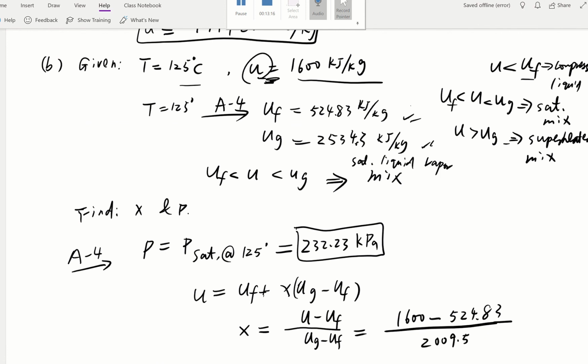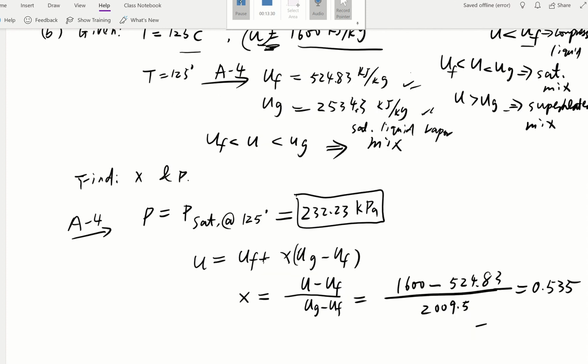Then we can find our quality. So our quality right here is 0.535. That's our quality. Okay, so what does the number mean? It means 53.5% of the mass is saturated vapor, and the remaining 46.5% is saturated liquid.